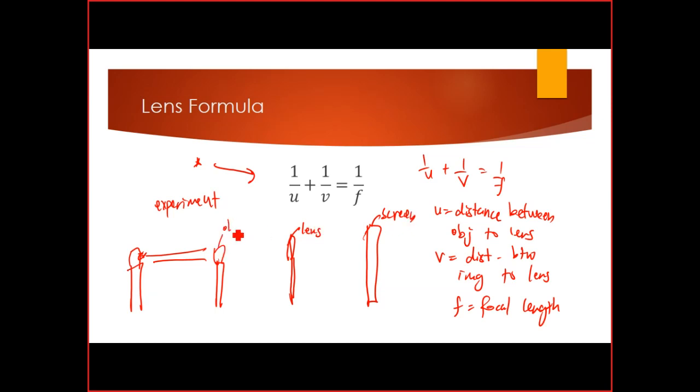What you will do is play around with the screen, that is, with v. u is going to be fixed. Given different types of lens, you are going to get different values of v. So look back at this experiment at school and look at all the variables and all the data, because I predict that this one is very famous for paper 3.